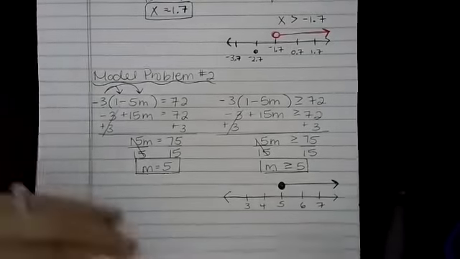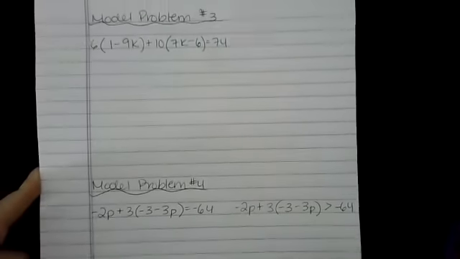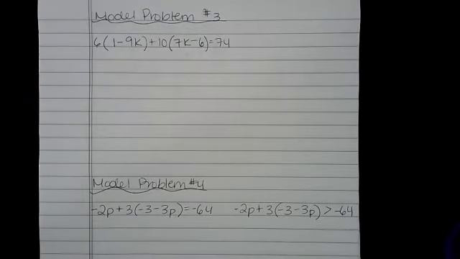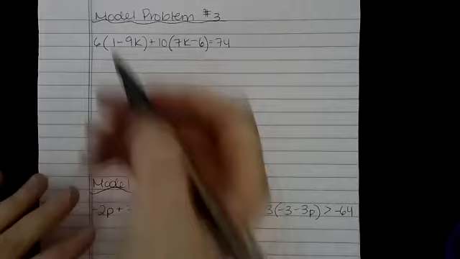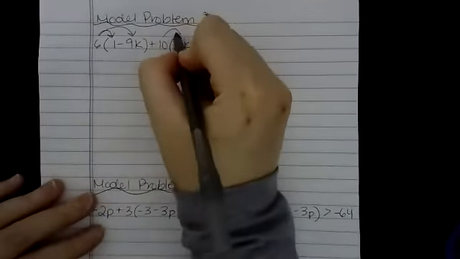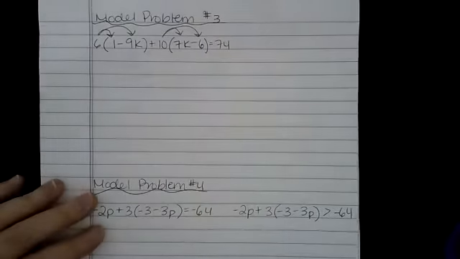Okay. Let's go on to model problem number 3. All righty, and here we are. So now I see 2 sets of parentheses. I'm getting crazy now. That means I got to distribute twice. So this 6 with the 1 and the -9k, and then the 10 with the 7k and the -6.